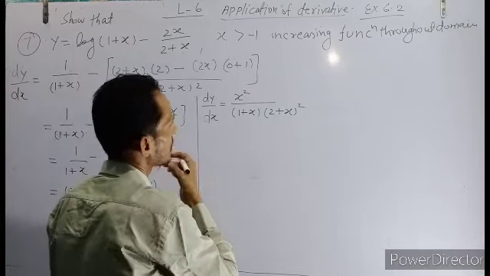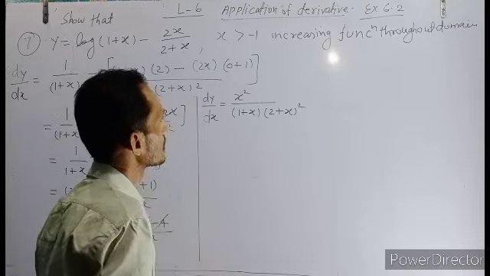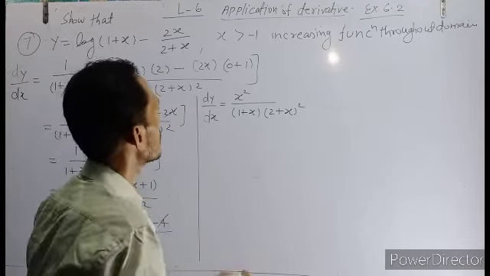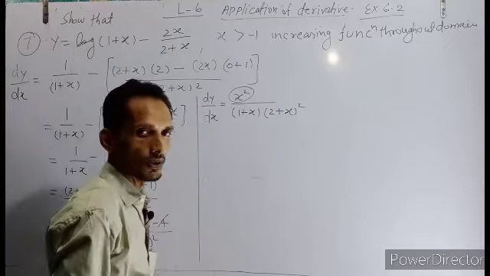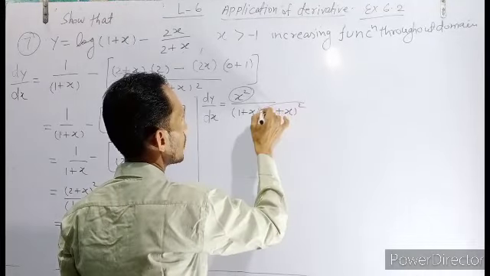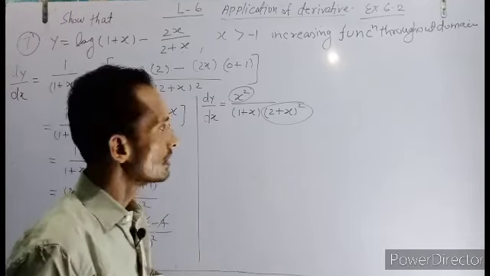So we observe the critical point will be x equal to 0 only. The x square term will always be positive, and the (2 plus x) whole square is always positive, whether x is negative or positive.